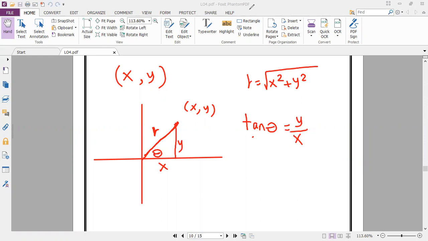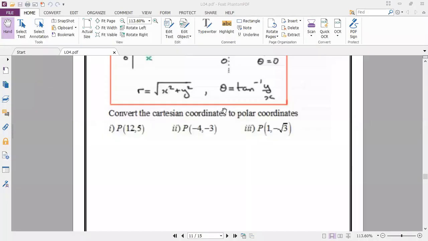Let's take some examples. Convert the Cartesian coordinates to polar coordinates. Number 1, the point P is (12, 5). The length r equals the square root of 12 squared plus 5 squared.